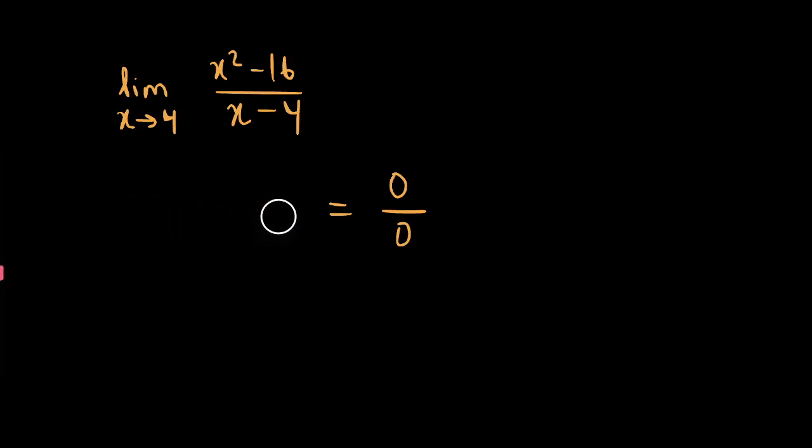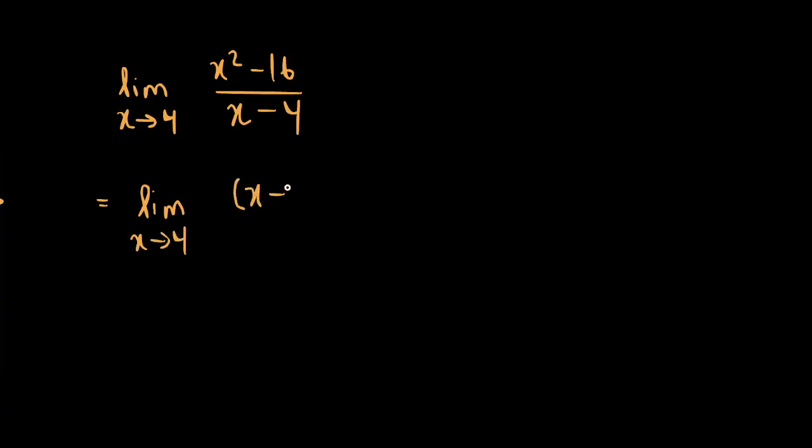So we know that we can't use direct substitution. So let's try to factor this out. We can see that the numerator is an example of the difference of squares. So we can factor this out to give us the limit as x approaches 4 of x minus 4 times x plus 4 over x minus 4.